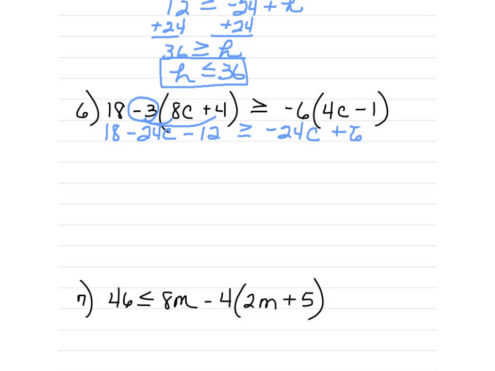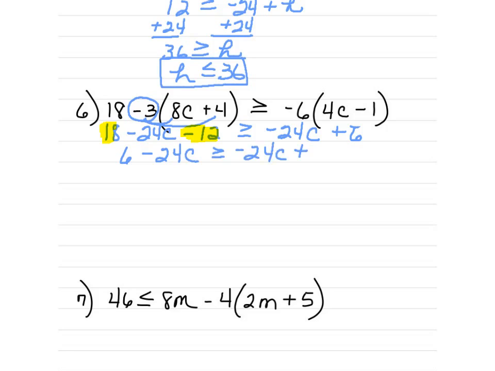The next thing I'll do is combine my like terms on one side to simplify. So 18 minus 12 would be 6 minus 24c is greater than or equal to negative 24c plus 6.